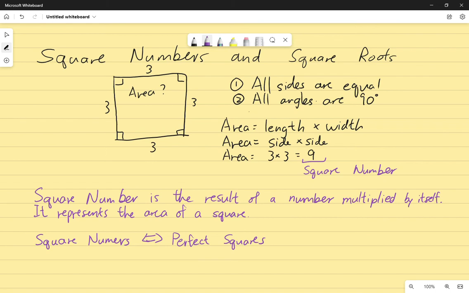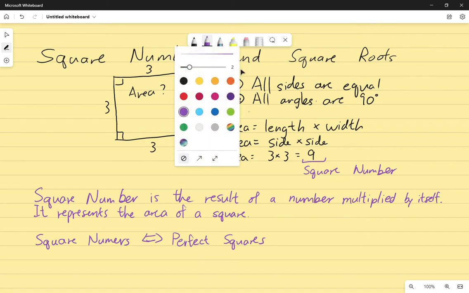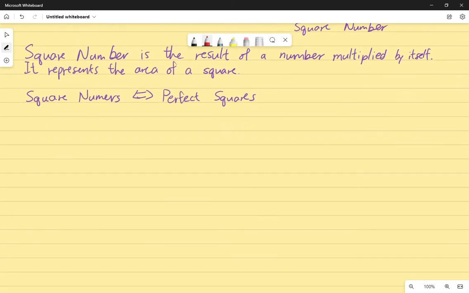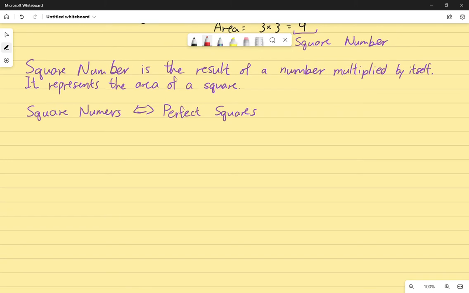What is a square root? Well, a square root, we're going to change the color here. Let's change it to, say, red. A square root is essentially the opposite of a square number. So the square root represents the side lengths of a square.